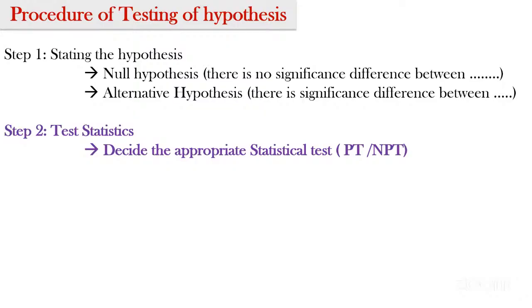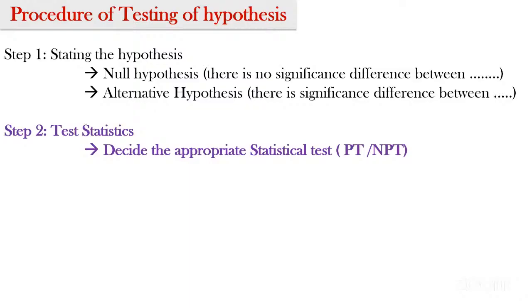After that, we decide the appropriate statistical test. What is this PT and NPT? Under that, we have two categories of test. We had already seen when we discussed the types of data, quantitative and qualitative, that has an important role here to decide the appropriate statistical test.